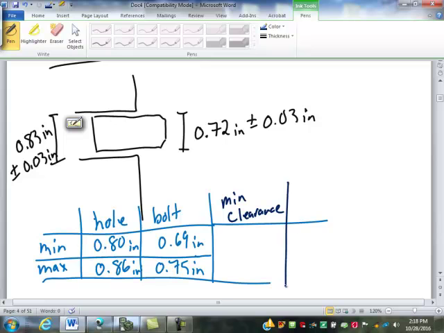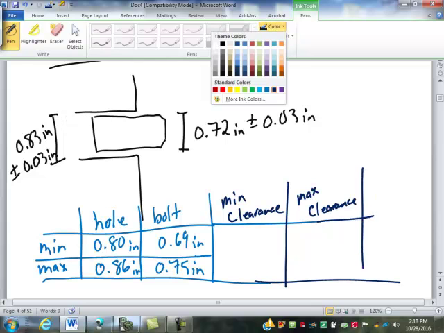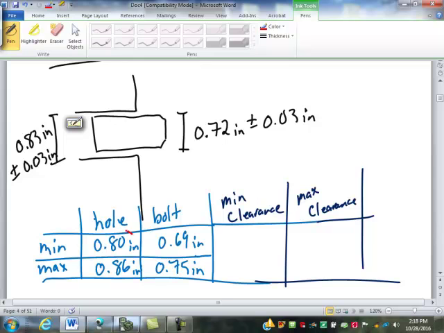So minimum clearance and maximum clearance. Our minimum clearance occurs when the hole is small and the bolt is large. And we can see there the difference between that 0.80 and the 0.75 does give us that 0.05 inches. And we had said that's the minimum clearance we need so that that'll go in and out.